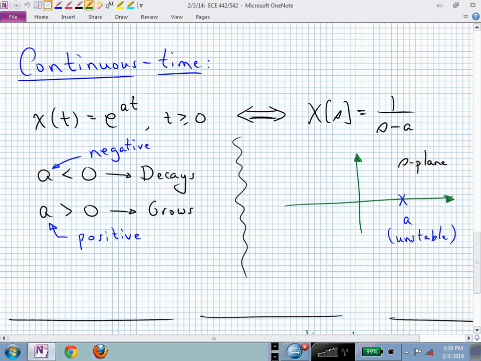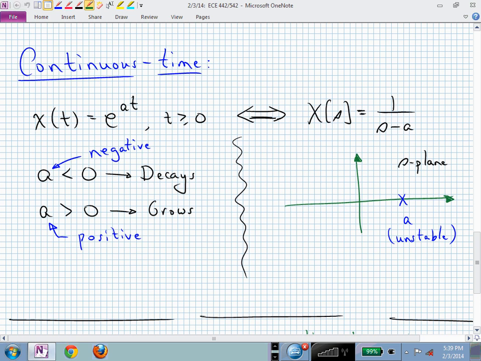So you still get this 1 over S minus A if A is positive. And you simply have a pole at the A value, whether A is positive or negative.